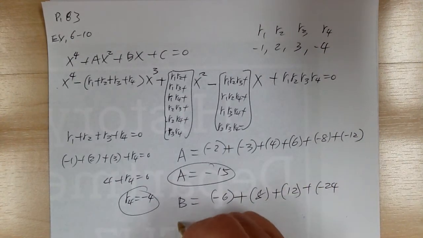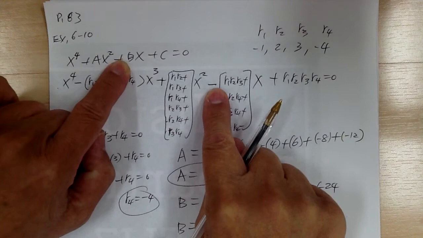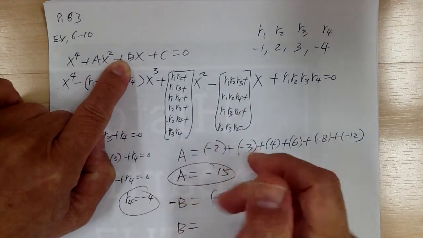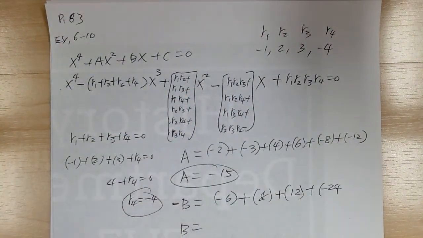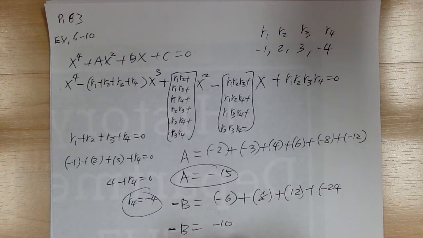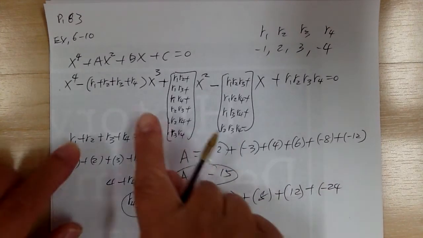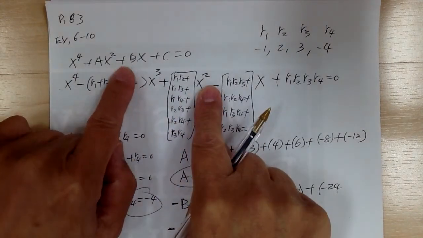Okay, so this is equal to negative b. You have to be careful. Notice this is positive, this is negative. So actually it's negative b. So watch for that. So negative b is equal to negative 10, so b equals 10. Make sure you match the sign. Watch very carefully for the negative and positive.